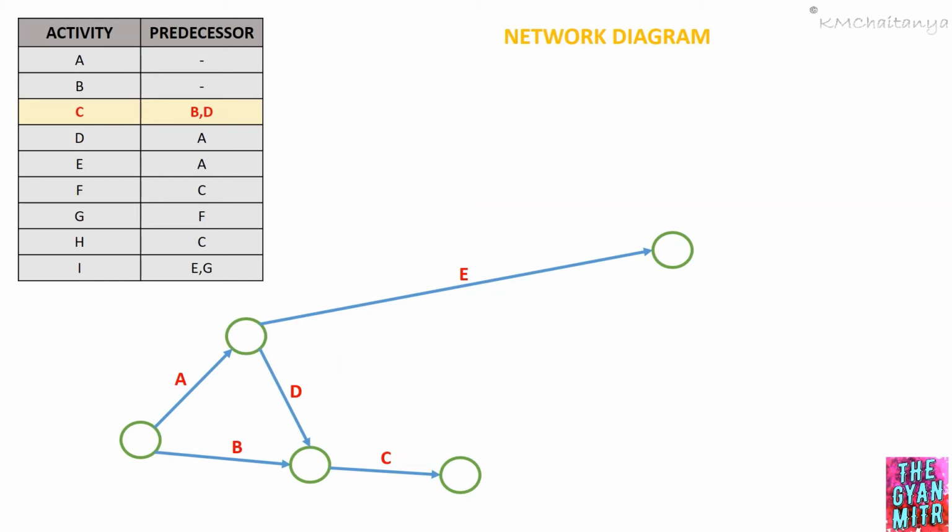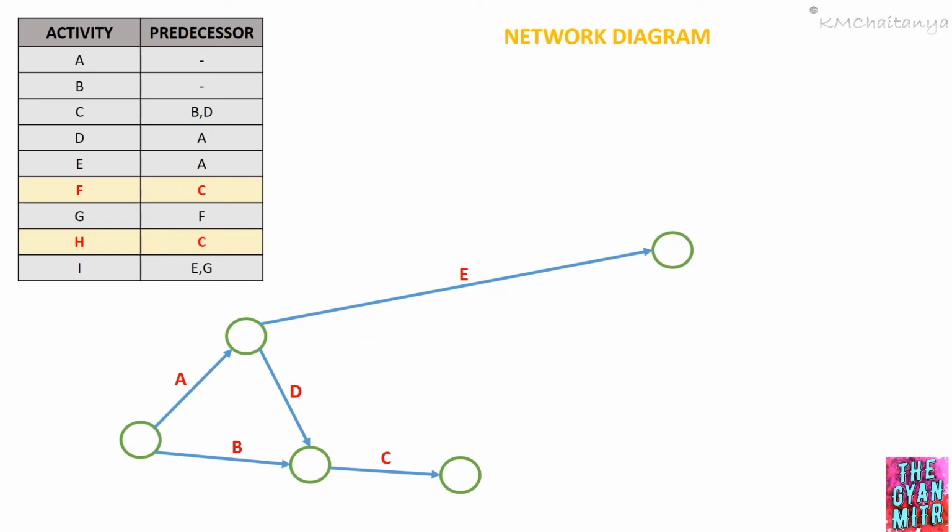Now we'll move on to the next activity, which is activity F and activity H. We can clearly see from the table for both activity F and activity H, we have activity C as the predecessor.